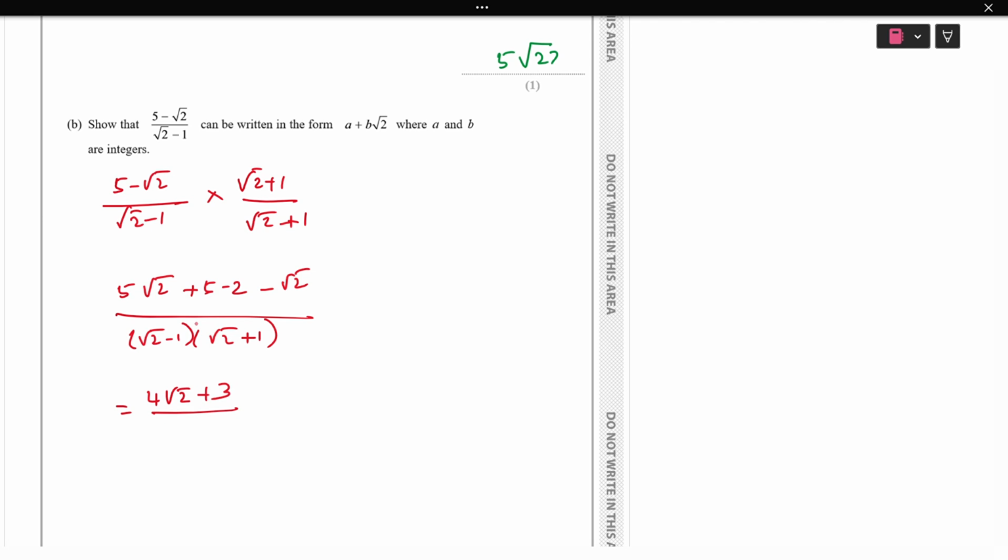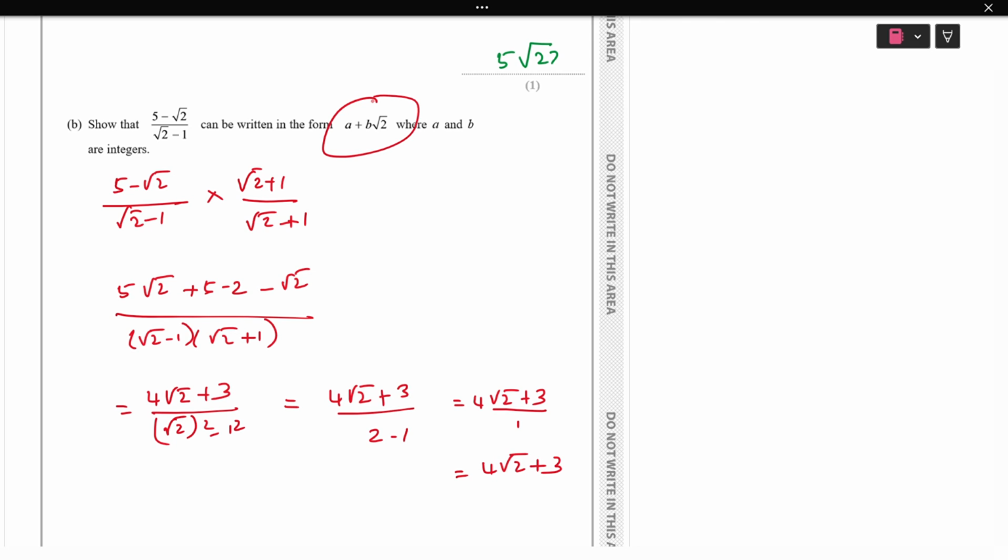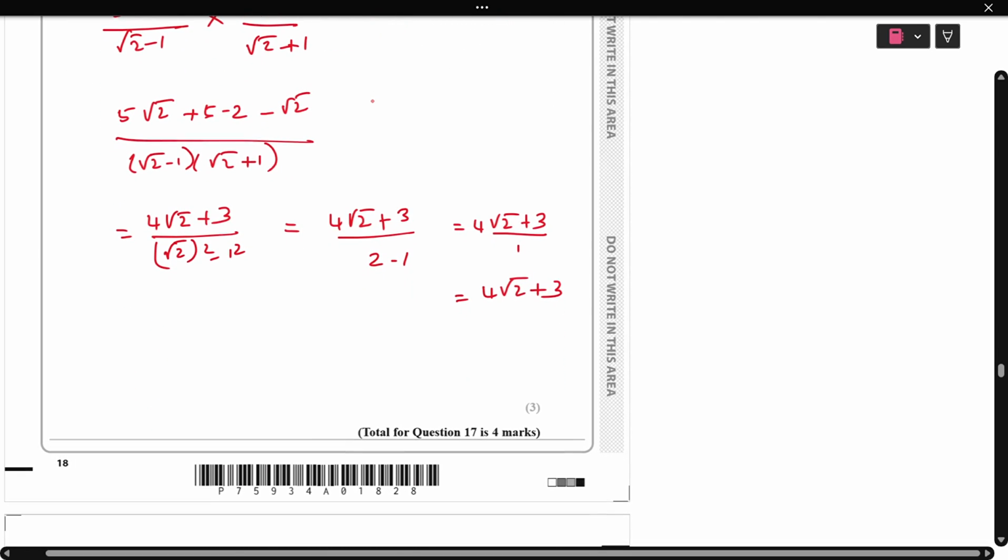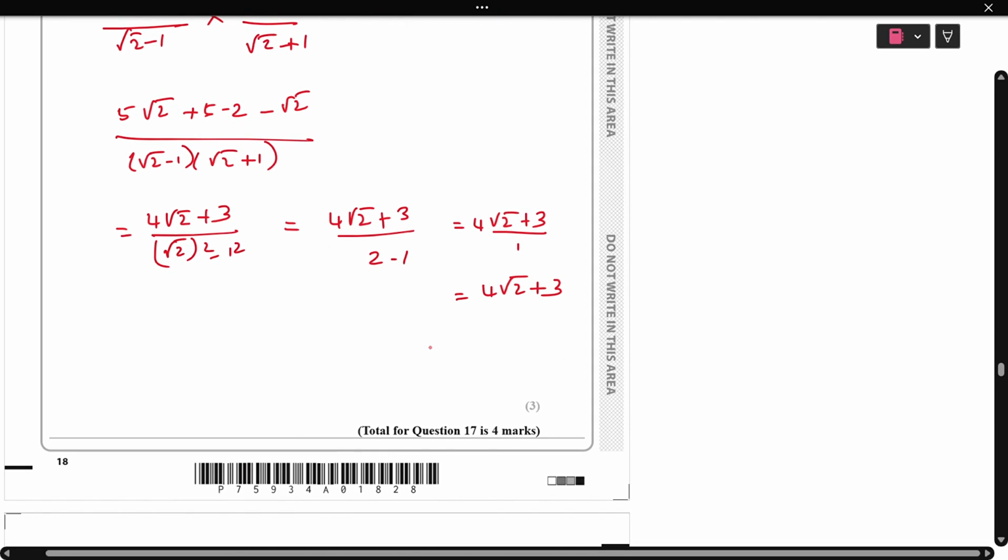Over here we'll get root 2 squared minus 1 squared, which is equal to 4 root 2 plus 3 over 2 minus 1, which is equal to 4 root 2 plus 3 by 1. So the final answer is 4 root 2 plus 3, which is in the form a plus b root 2. So the final answer is 3 plus 4 root 2.